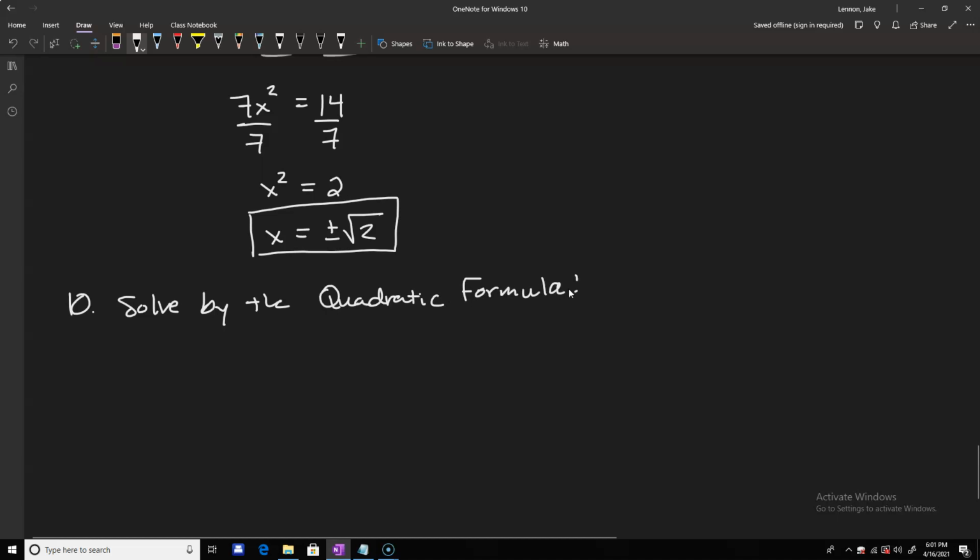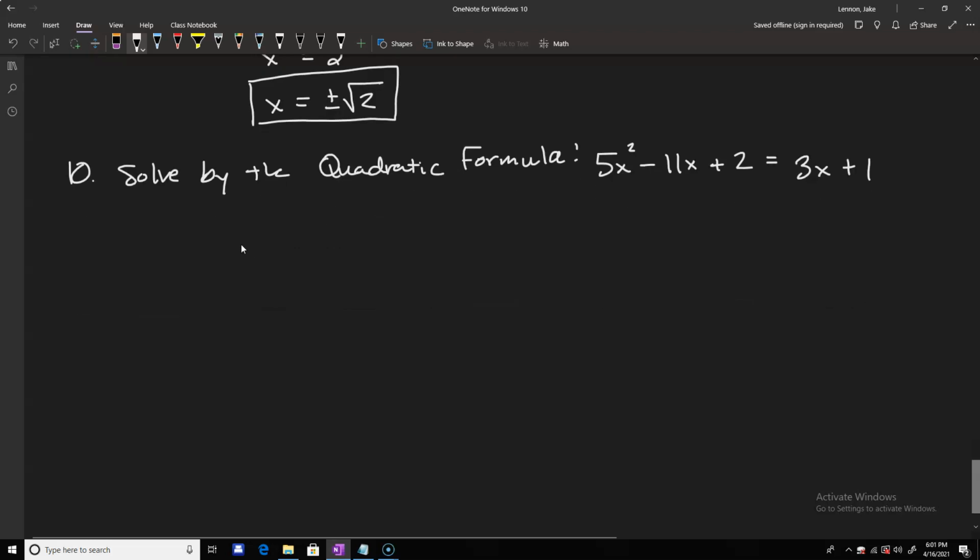Let's say we have something like 5x squared minus 11x plus 2 is equal to 3x plus 1. Okay, so let's recall the quadratic formula.